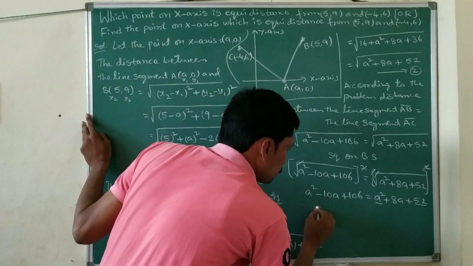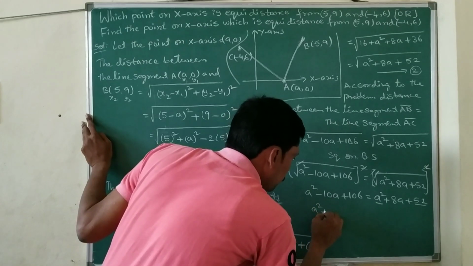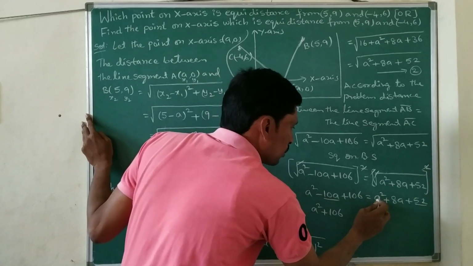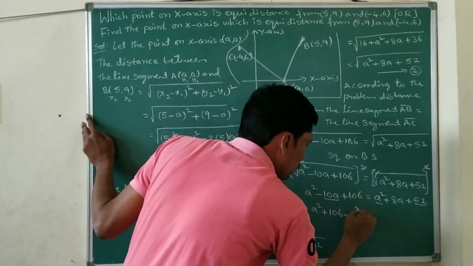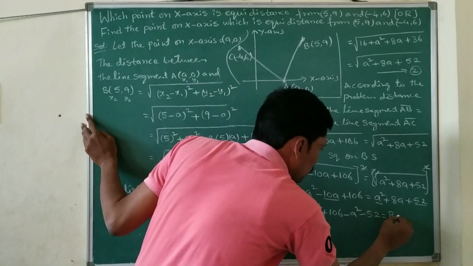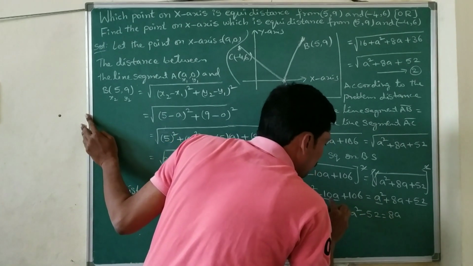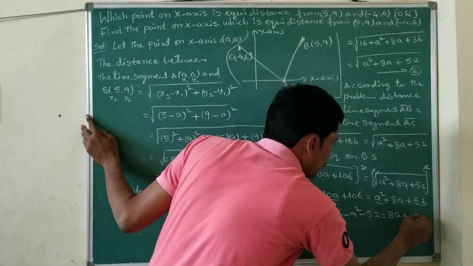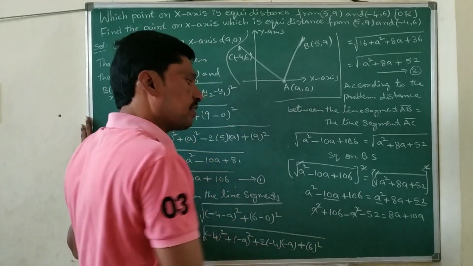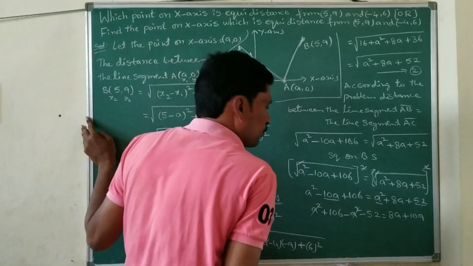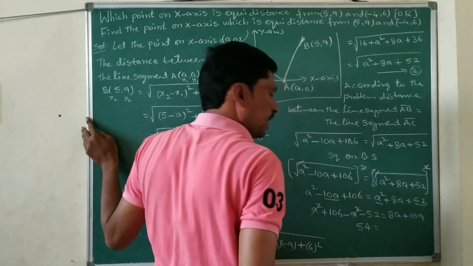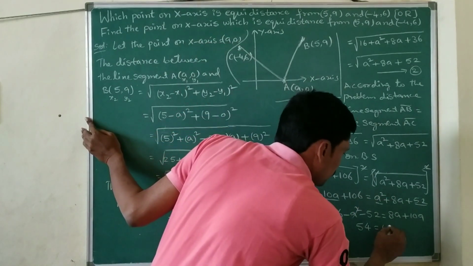So we get a square plus 106 on the left, and this plus a square becomes minus a square, plus 52 becomes minus 52, equals 8a, and minus 10 becomes plus 10a. Plus a square and minus a square cancel. 106 minus 52 gives 54 equals 8a plus 10a, that is 18a.